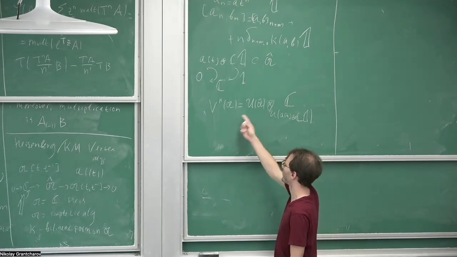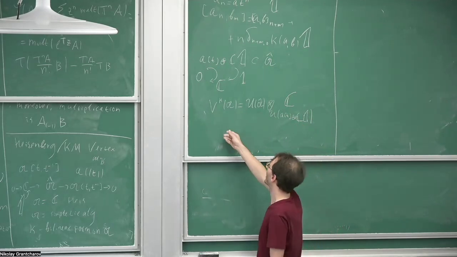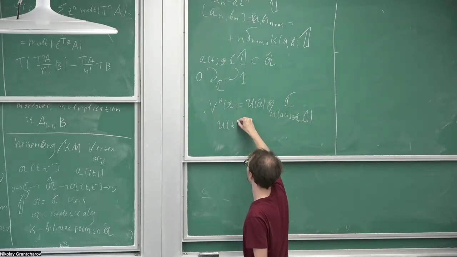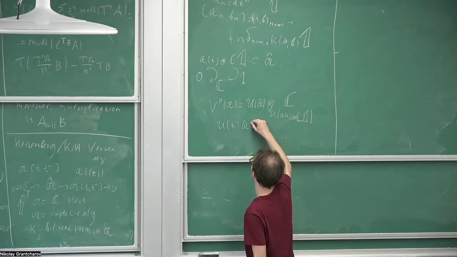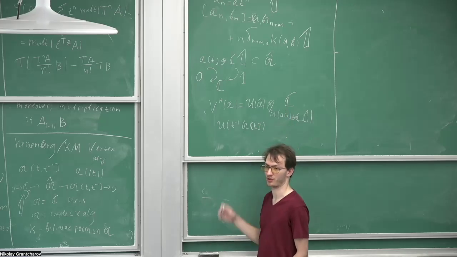Yeah, so this is something that goes into negative powers of t. So it's a free module over U of t minus 1 A t. So starting with C, I get strictly negative powers of t.